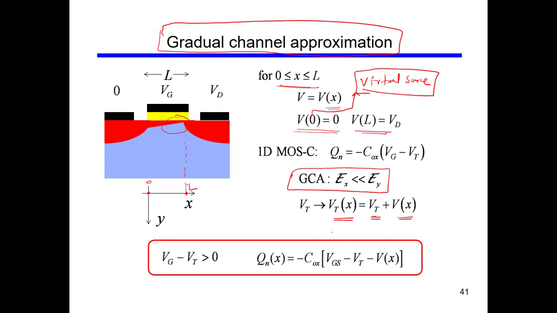What this means is that now, under the gradual channel approximation, your gate voltage should overcome not only the threshold voltage but also V of x. So we can put this V of x in our equation. Remember, this is the same equation that we used when we were discussing the pinch off.